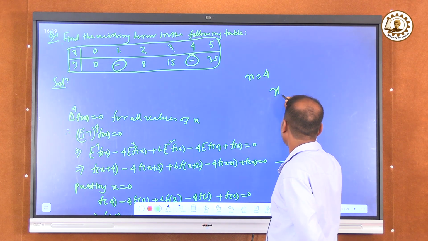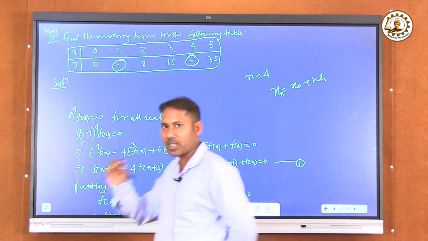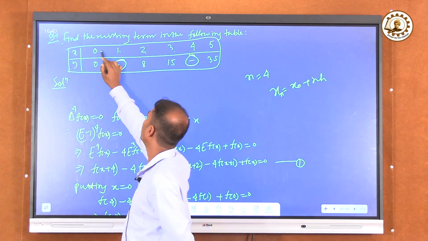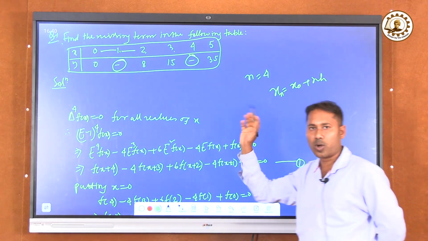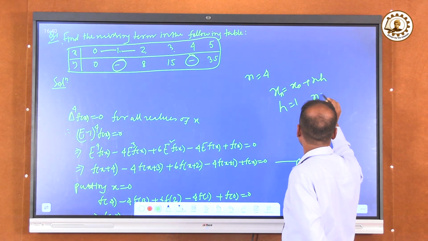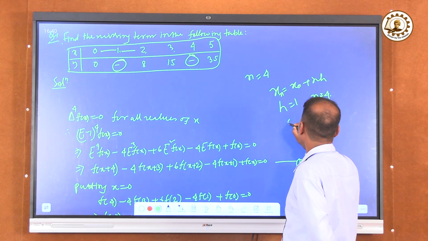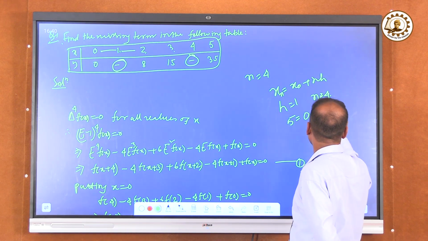So x equals x0 plus nh, that is xn. Here the space length is 1, because the difference between 0 and 1, and between 1 and 2, is 1. So h equals 1 and n equals 4.